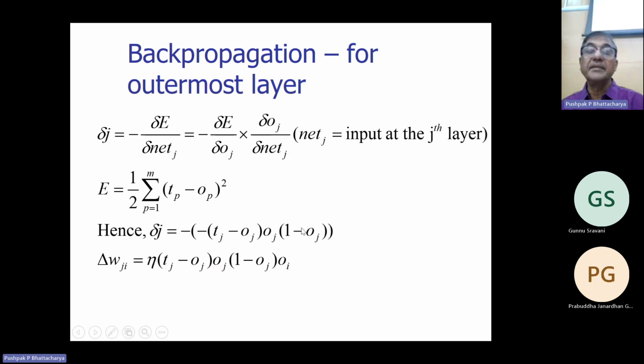This is the derivative for what is called the sigmoid neuron. Then we get the change in weight as the learning rate times (t_j minus o_j), which is target minus observed, times the derivative of the sigmoid at the destination neuron, multiplied by O_i, the output of the ith neuron.